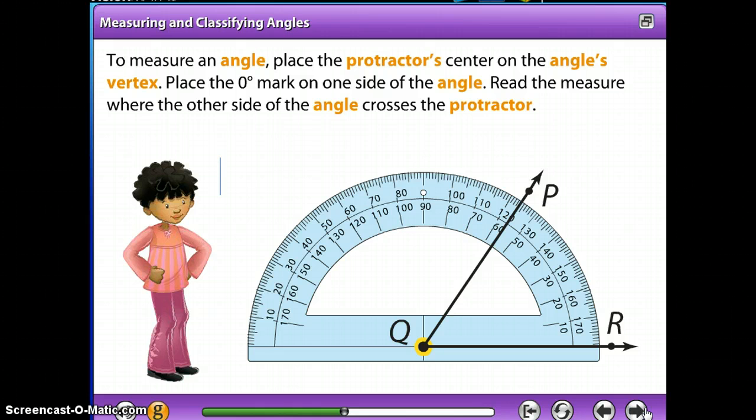So if we look at this angle, do you think it's greater or less than 90 degrees? Less than. So then we know this angle has to be 56 degrees and not 124 degrees. Okay? So think about it. Which one makes sense when you're looking at measuring angles?